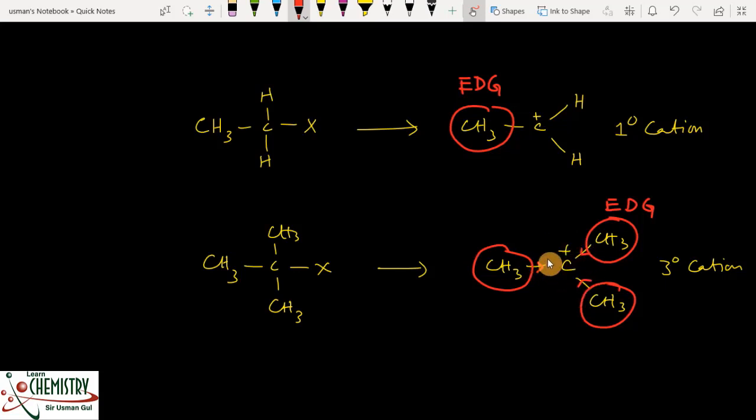When the charge gets balanced, we have a stable carbon cation, and when we have a stable carbon cation, the process readily occurs. So this is the second reason that third degree alkyl halide mainly gives SN1 reaction, in which ionization occurs.